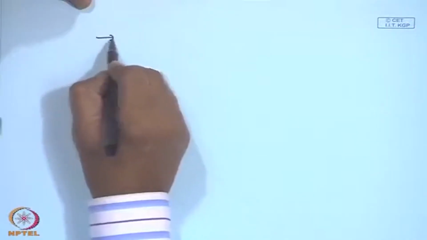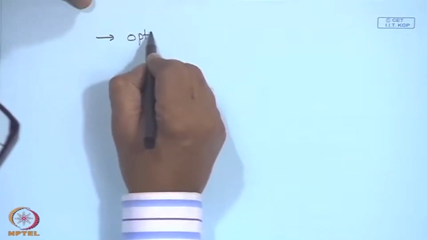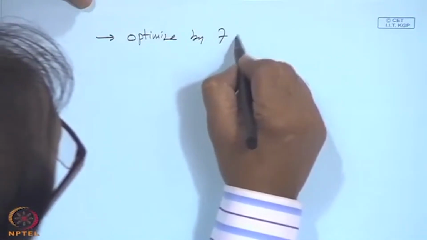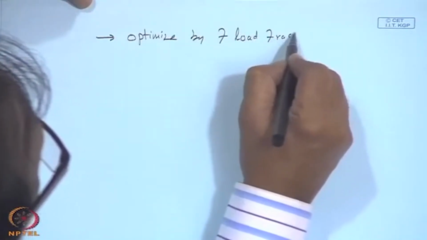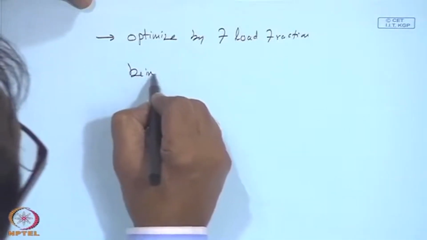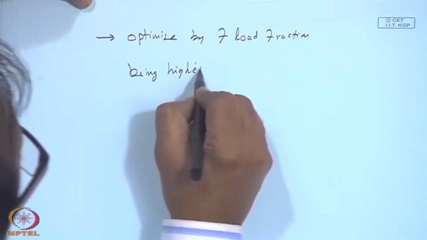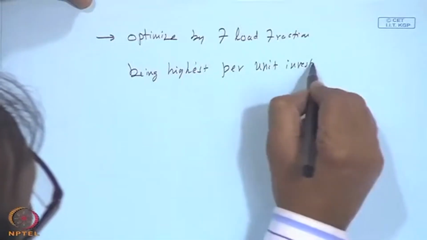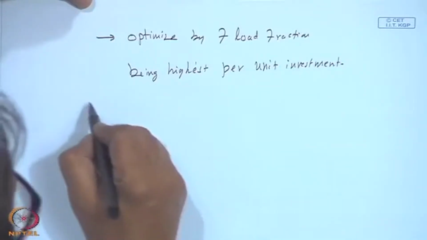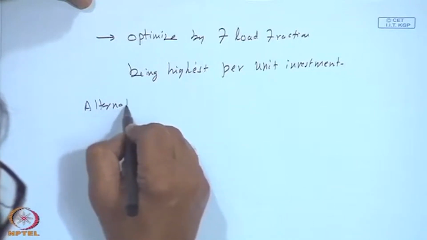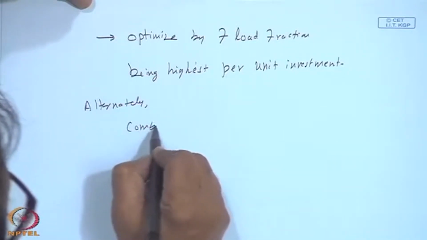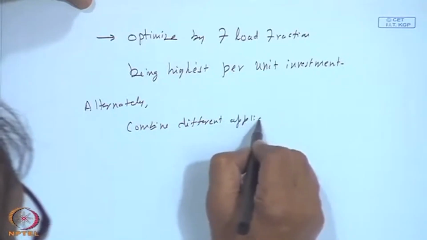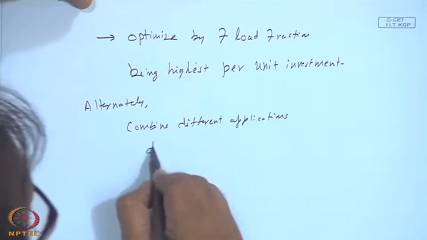A solution could be to optimize by F, the solar load fraction, being highest per unit investment, or alternately combine different applications depending on the season.